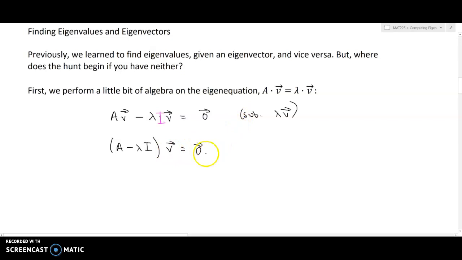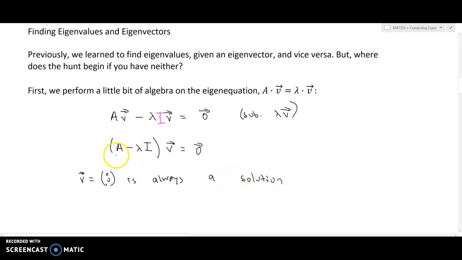So we factored a V out, and now we want to reason through this a little bit. This will always have the solution V equals 0, 0. It is always a solution to this. Why is that the case?